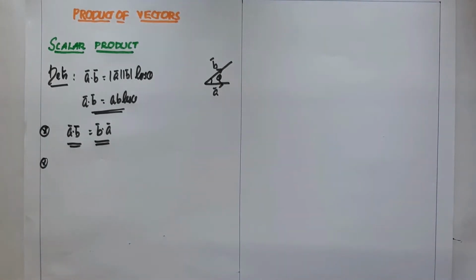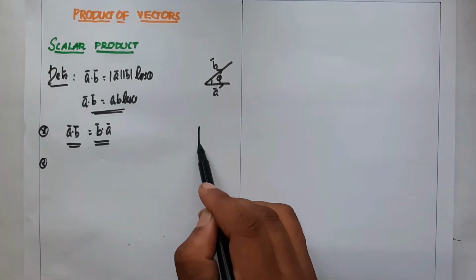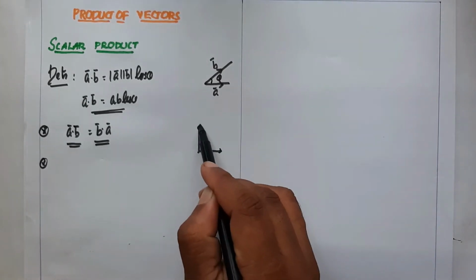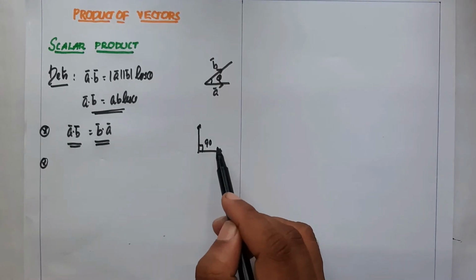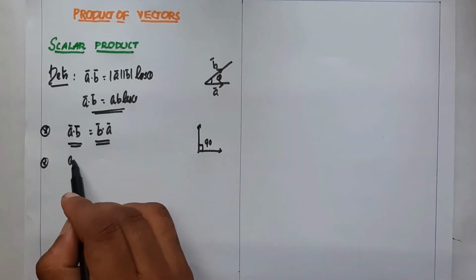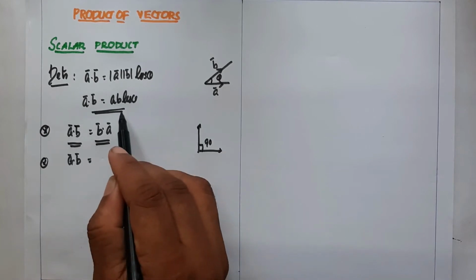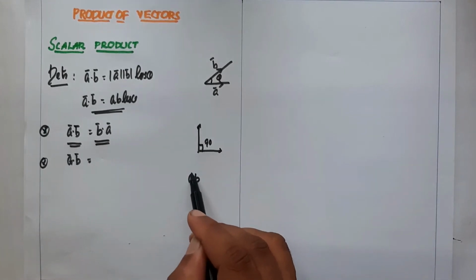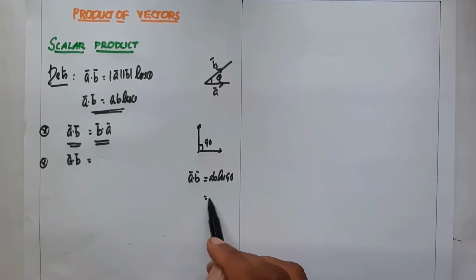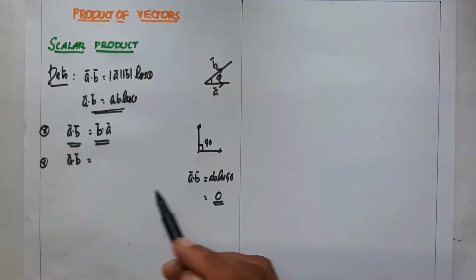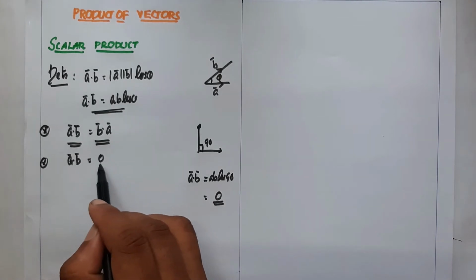Second property is, if vector A and vector B are perpendicular, then they make an angle of 90 degrees. Therefore A dot B is equal to AB into cos 90. The value of cos 90 is 0 and therefore the answer becomes 0. That is A dot B is equal to 0.